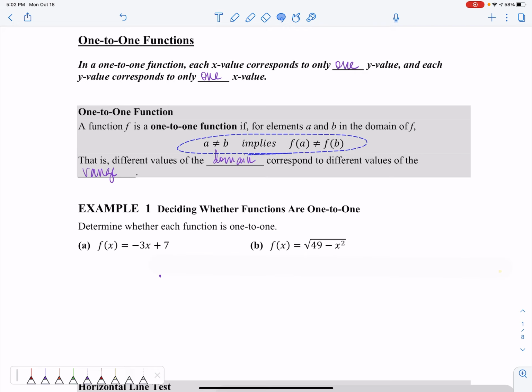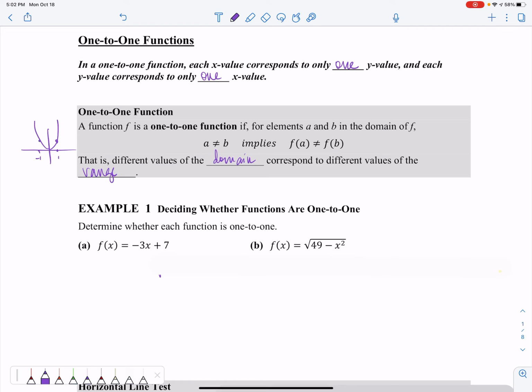Now, I want to remind you of an example that we would have talked about earlier in the semester. Think about the parent quadratic or the parent parabola. When we have different x values, so let's talk about 1 and -1, the corresponding y values happen to be the same.